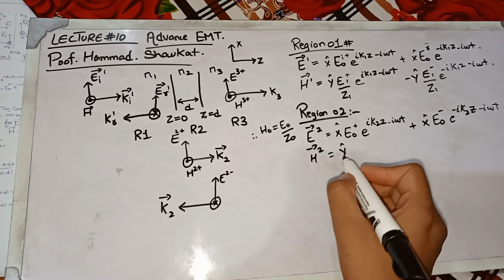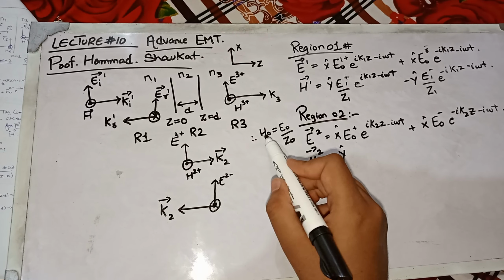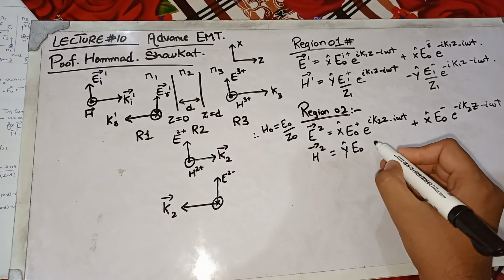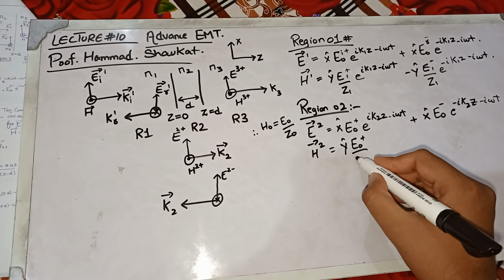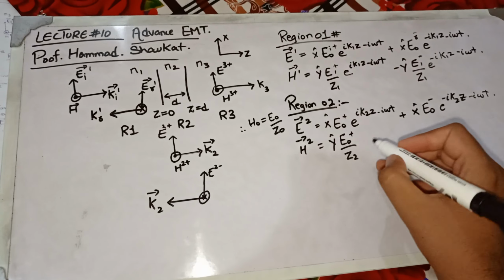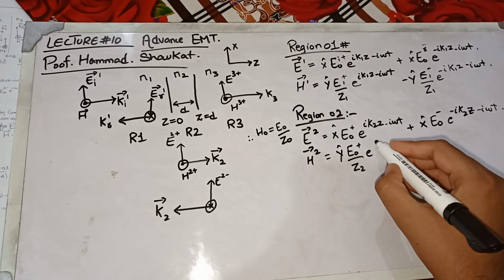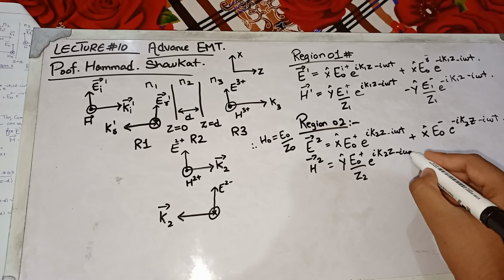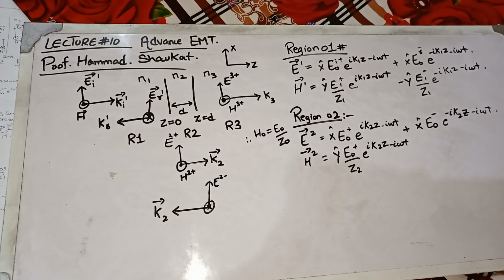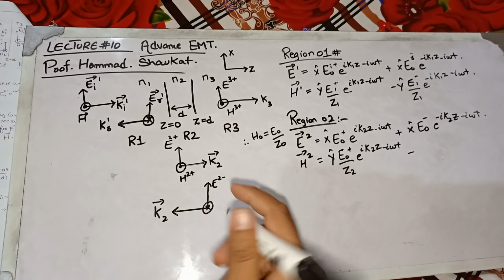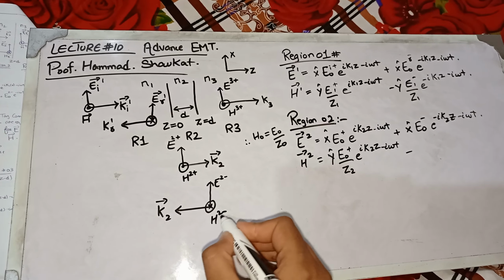Again the amplitude is denoted by H naught, but we have to use H naught equals E naught by Z naught, so E naught plus divided by Z2. Why Z2? Because now you are in this second medium. Okay, and e power iota k2z minus iota omega t as it is.